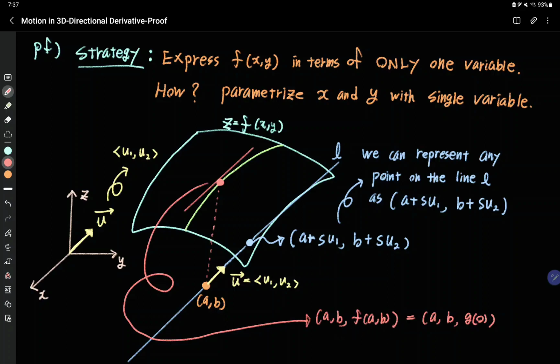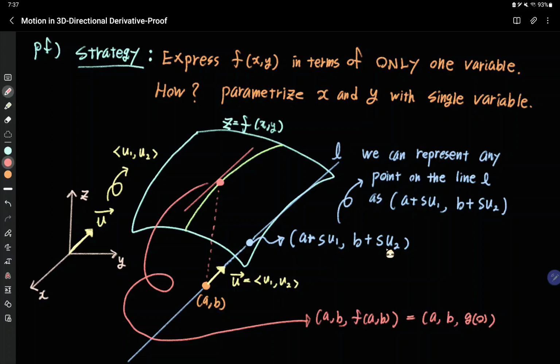All right, so now let me figure out the general expression of any point on the line, using parameterization. We can express that point, which is on the line L, as (a plus s times u1, b plus s times u2).